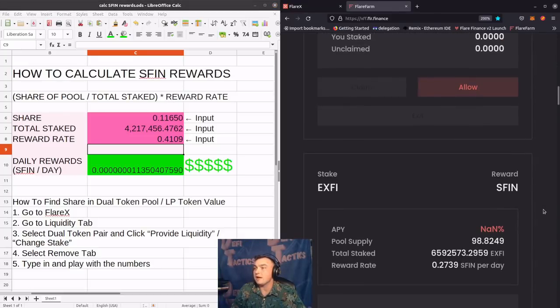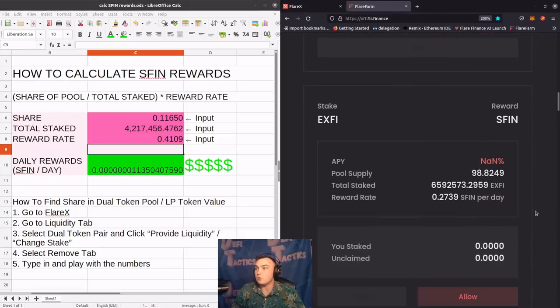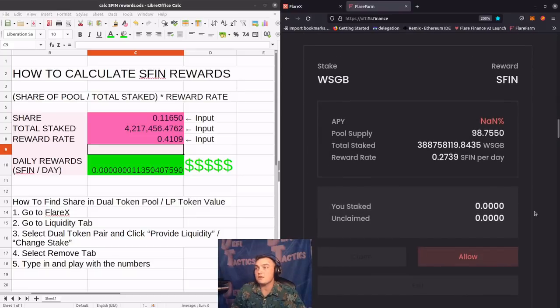Let's go ahead and do another example with a single token pool. Let's use this wrapped Songbird pool as an example. I don't have any wrapped Songbird staked here. However, let's use an example of 5,000 wrapped Songbird staked in this pool. The total amount staked in this pool is 388,758,119 wrapped Songbird.